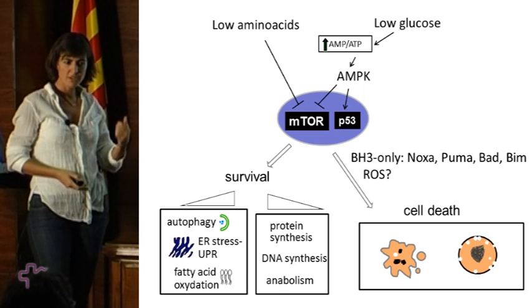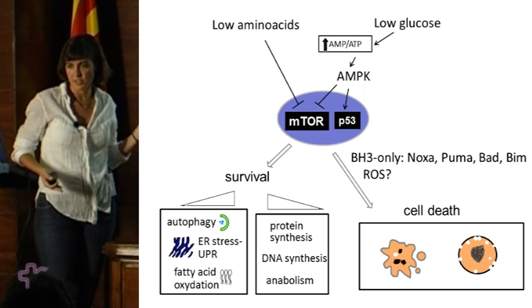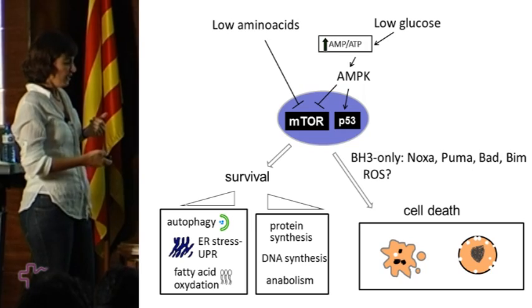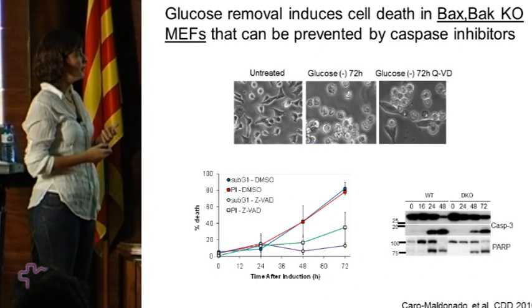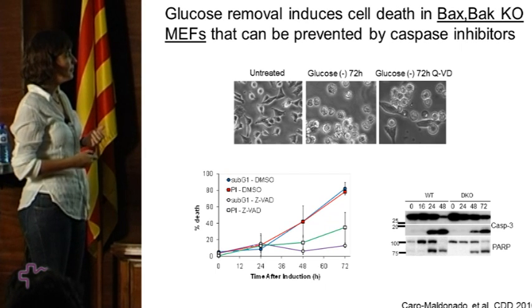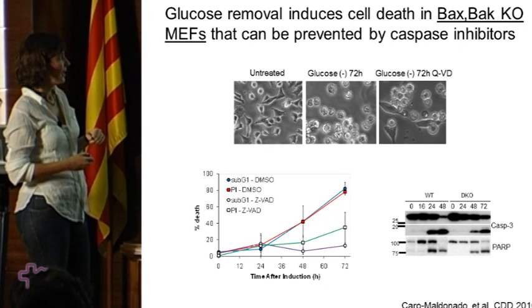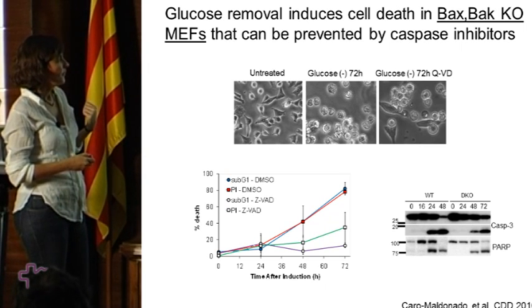They can still die by the other pathway, the death receptor pathway, the one that engages caspase-8, because that pathway is totally fine and they don't require the mitochondria, right? So to our surprise, MEFs that are deficient in BAX and BAK died by apoptosis. And by apoptosis, I mean that when you remove glucose, we didn't expect this.